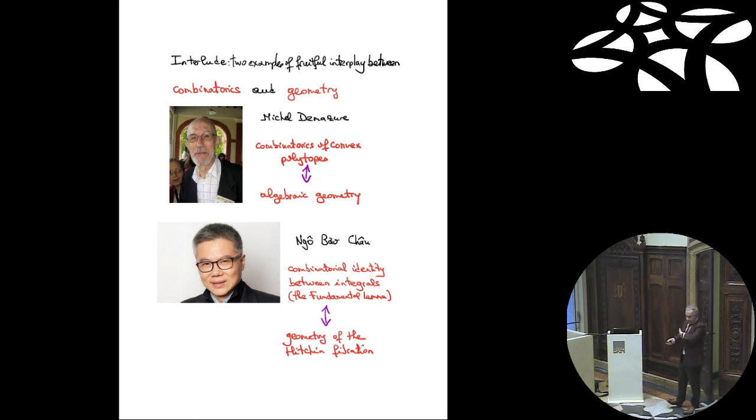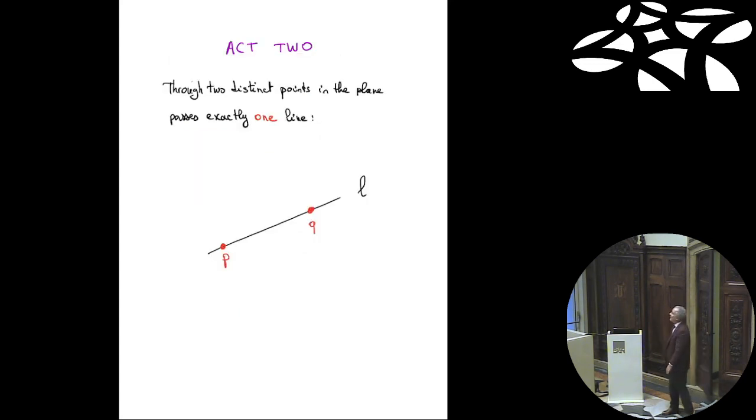Okay, so this was just some kind of short interlude. And now I start with the second part of the talk, which is supposed to be much shorter, so you should not worry. Okay, so now, I hope this is supposed to be very elementary.